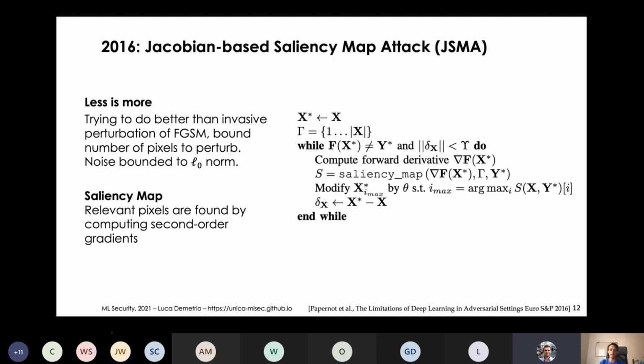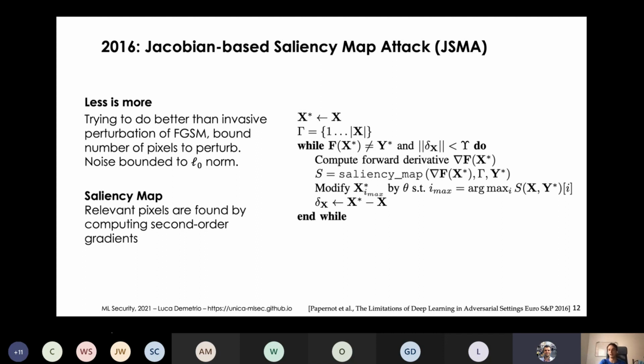It's an attack that basically creates a map of each pixel, saying, okay, this pixel is important, this pixel is not. They try to modify only the pixels relevant to the classifier, and they count how many pixels they are modifying, and then they stop after n pixels are perturbed.